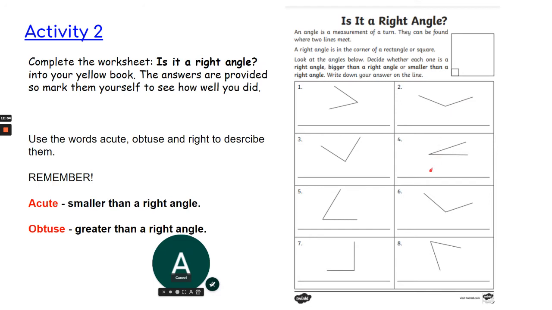So for today, I want you to have a go at these ones on your sheet. If you print off the sheet, you can stick it in your book when you've completed it, or in your books you can neatly write number 3 and the answer. Use your yellow books for that. I'm going to pause the video, do the activity, and I will show you the answers at the end of the clip.